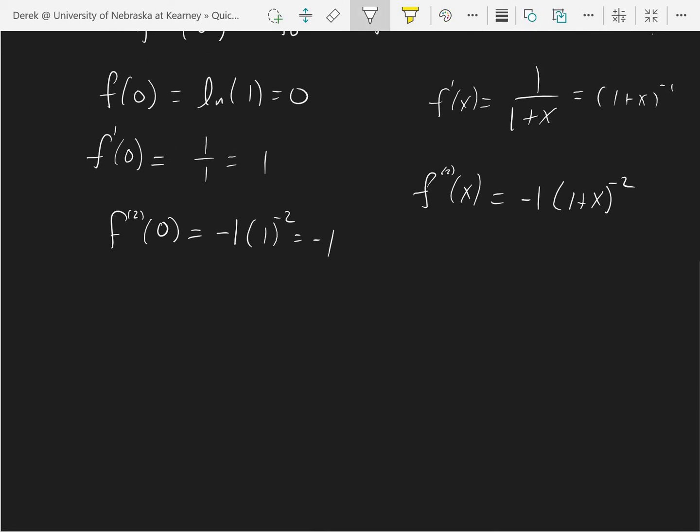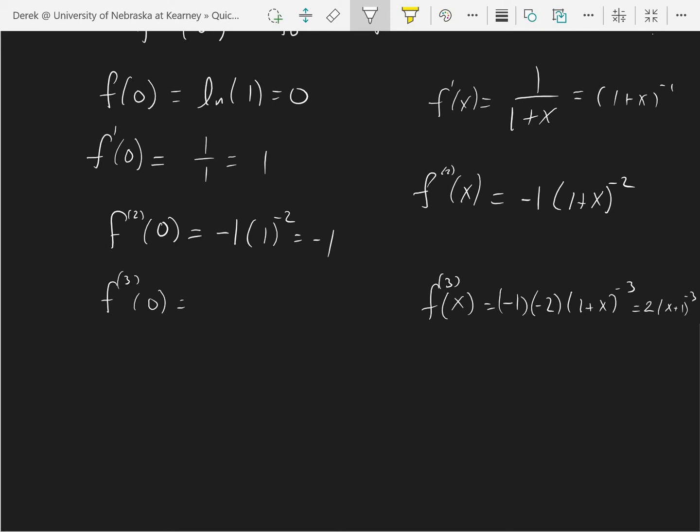So I've started out 1, and then I go negative 1. Let's look at the third derivative at 0. Well, I get to do the chain rule again. So this is going to be negative 1 times negative 2 times 1 plus x to the negative third, which is positive 2 times 1 plus x to the negative third.